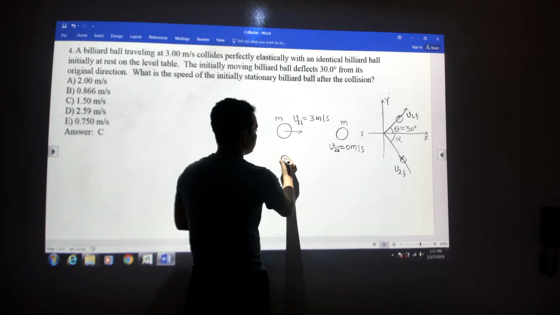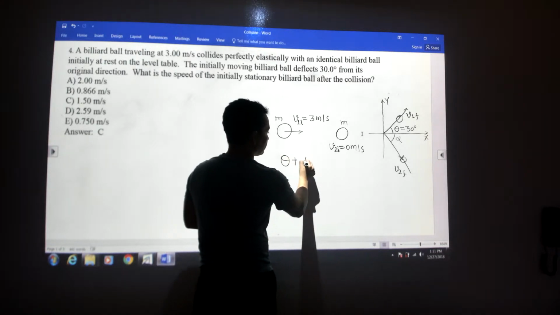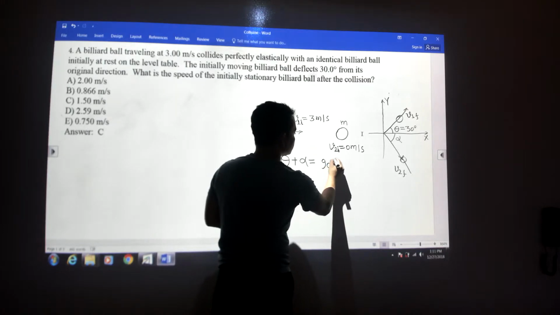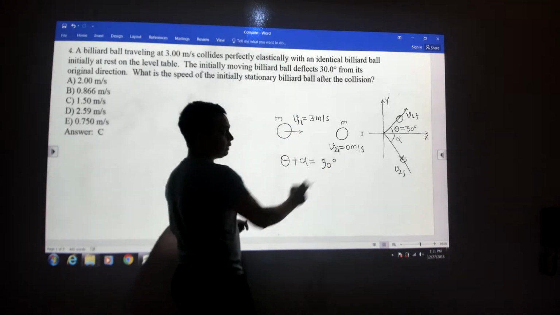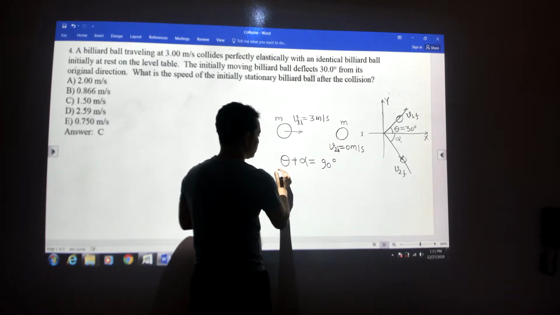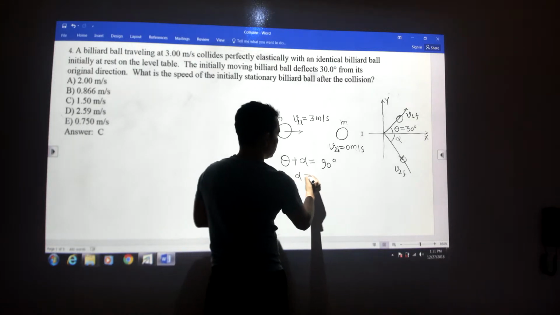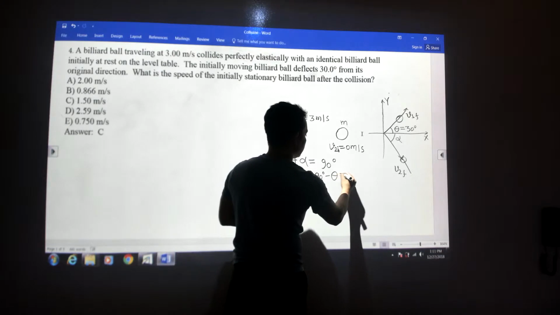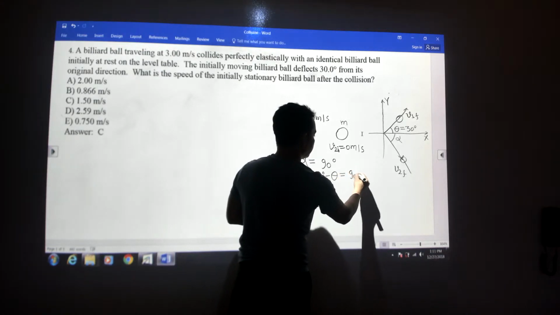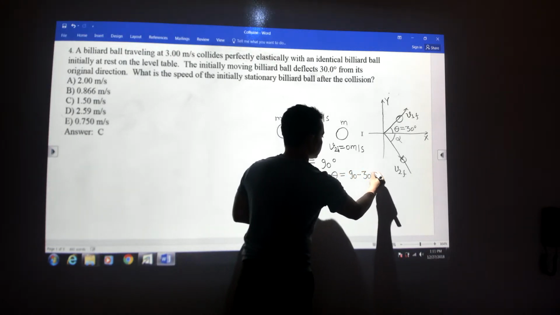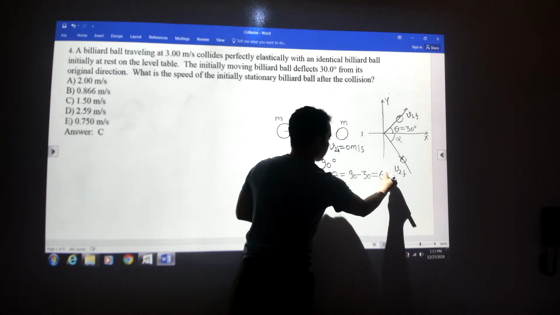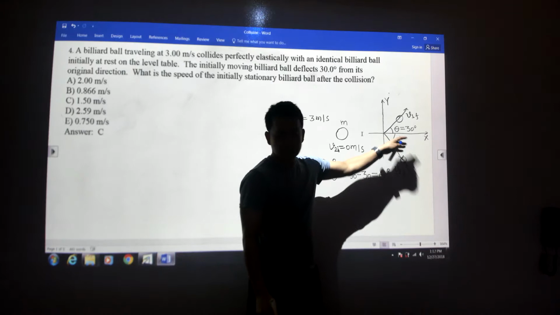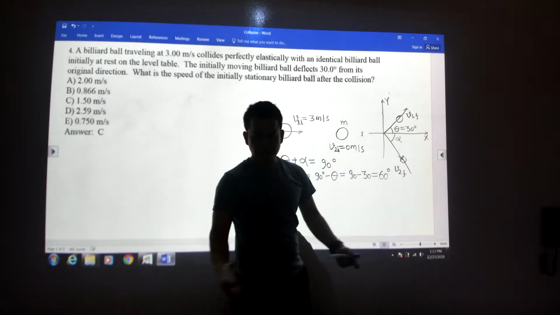So theta plus alpha is equal to 90 degrees. Since theta is given, alpha is 90 minus theta, which is 90 minus 30, equal to 60 degrees. So we got this angle as 60 degrees.